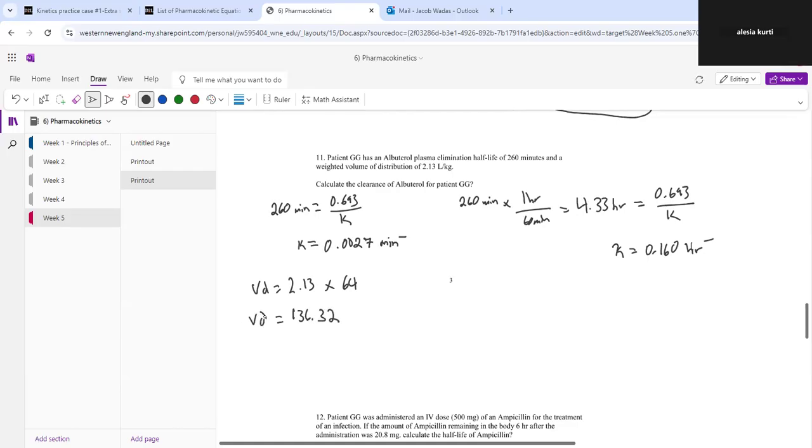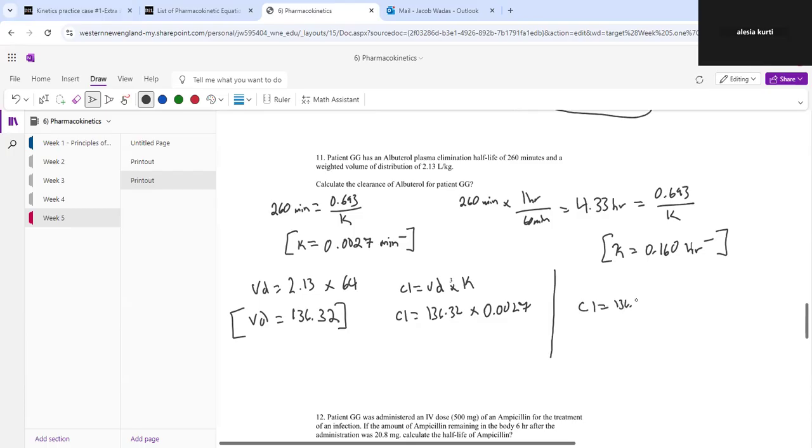Did everyone get this? Then clearance equals volume of distribution times K. For minutes, clearance equals 136.32 times 0.0027. For hours, clearance equals 136.32 times 0.160.